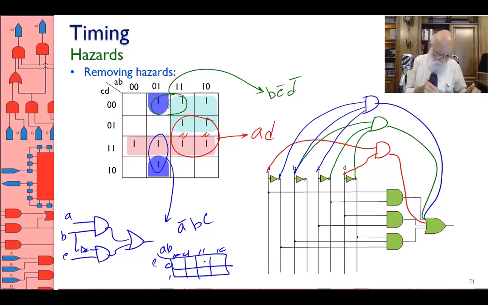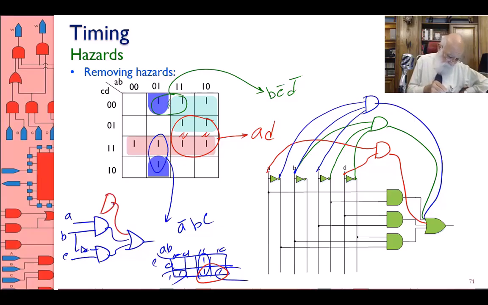Okay, what I have is the upper gate is this, A, B. The lower gate is B bar C, which is this. And where is my hazard? The hazard is where I have two adjacent ones that are not mapped, which is these two here. How do I fix it? A, C fixes it. Okay.